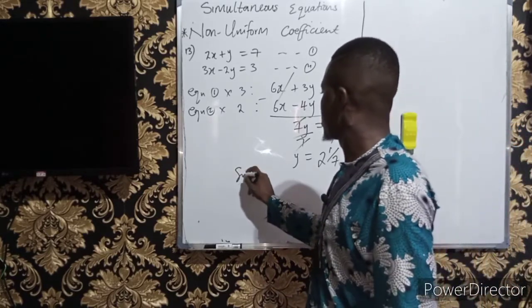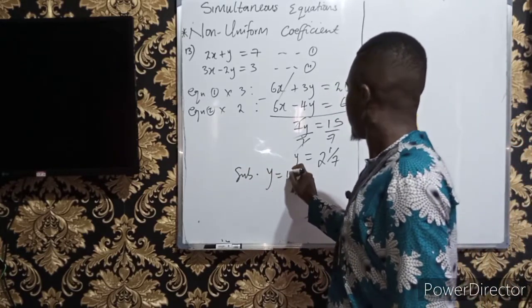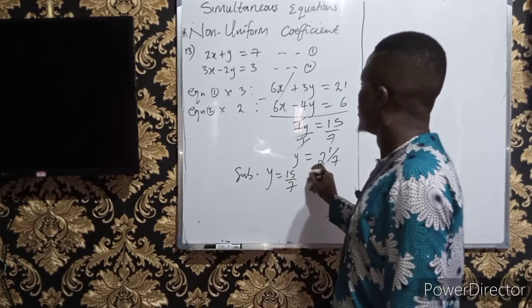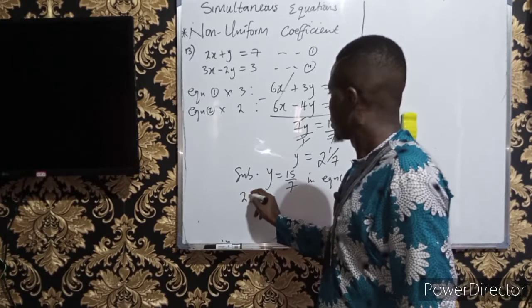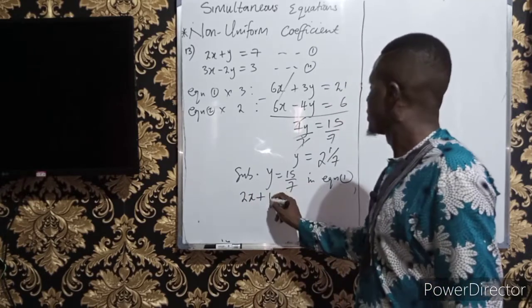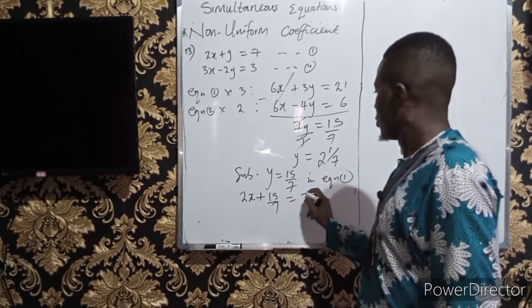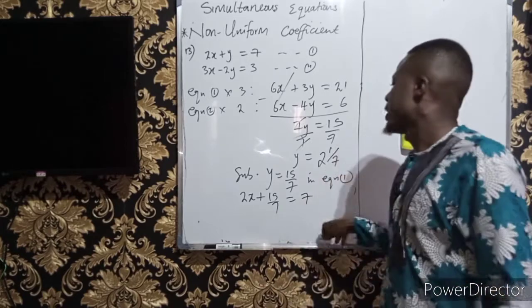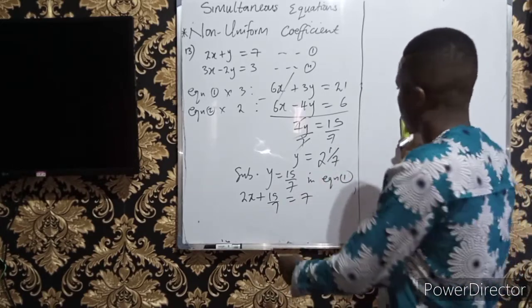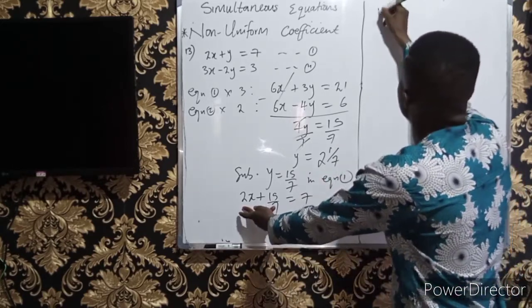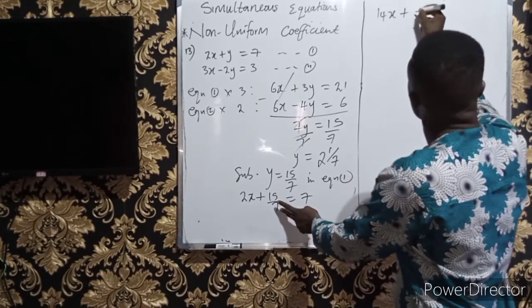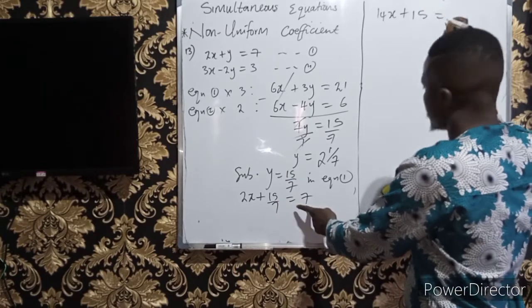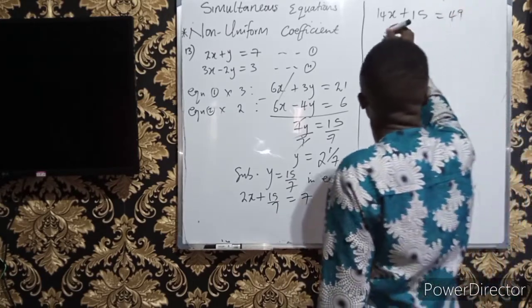So I can say substitute y as 15 over 7 in equation 1. So I have 2x plus 15 over 7 equal to 7. Now let me multiply everything by 7 to clear the fraction. So 2 times 7 is 14x. Multiplying this by 7, 7 will cancel out this 7, leaving us with just 15. Multiply by 7, I have 49.